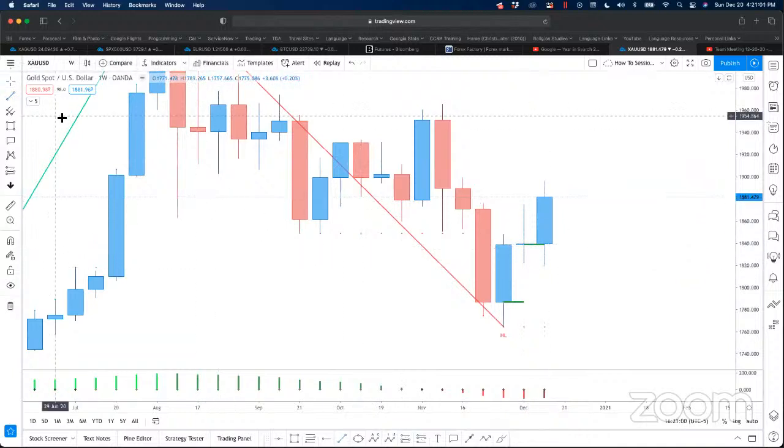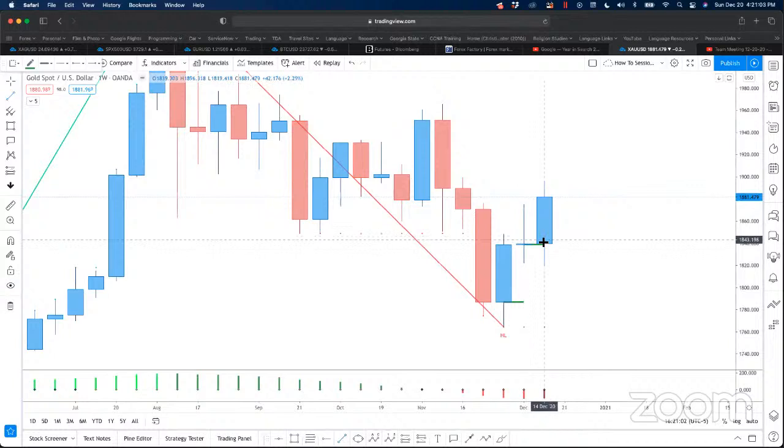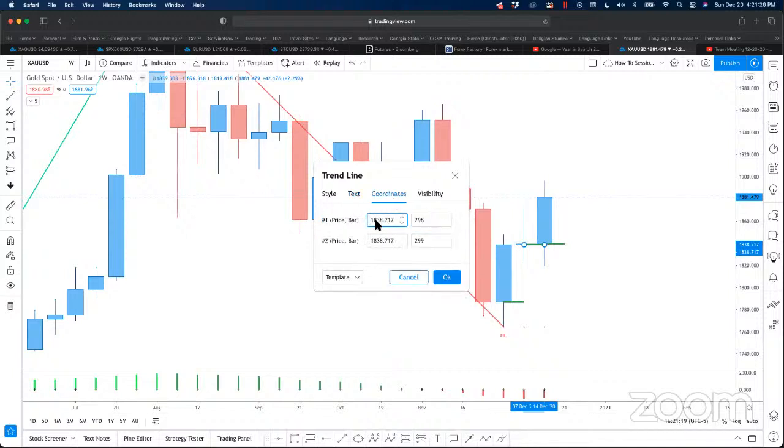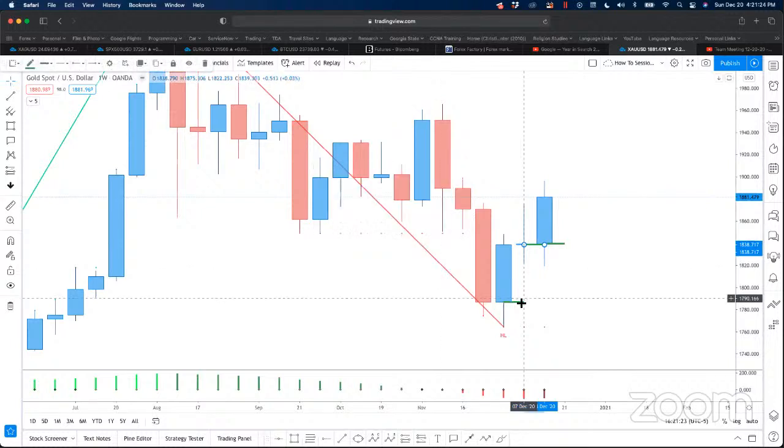And then you draw another line from this opening to the next week's potential opening area right here. And if you want to make sure it's precise, you just go to coordinates, get the opening, make sure that's good.